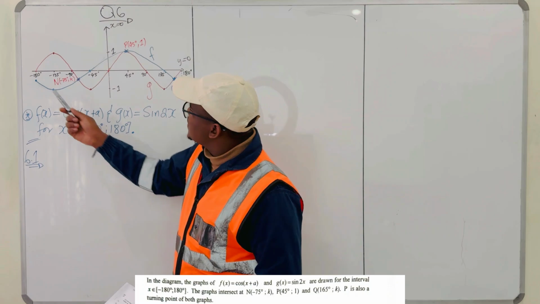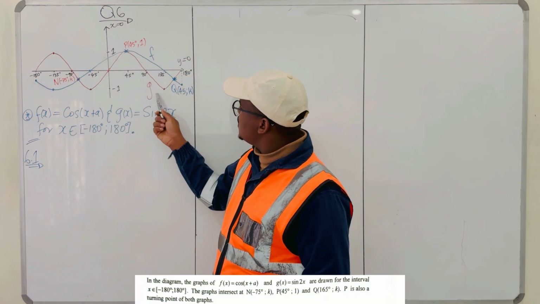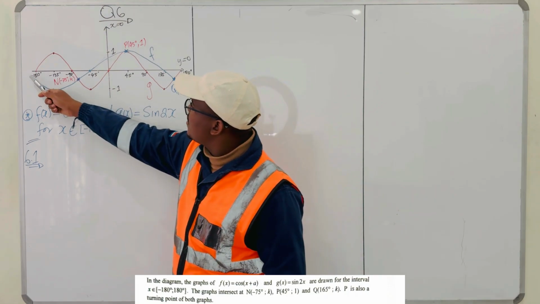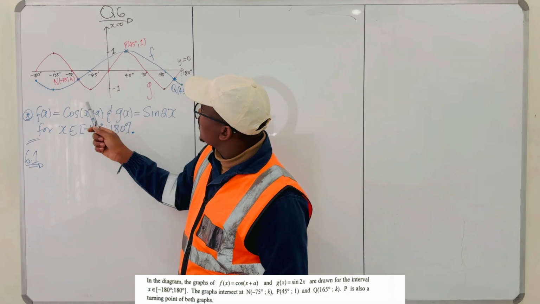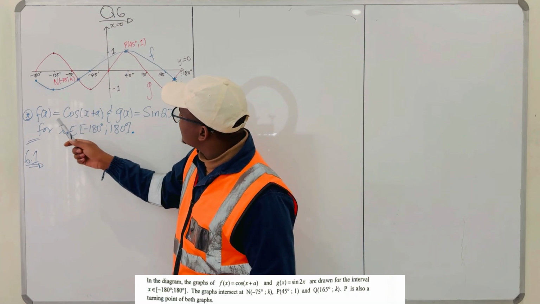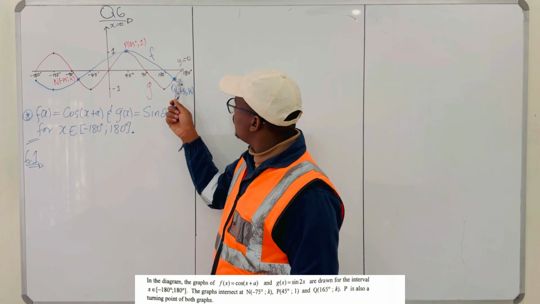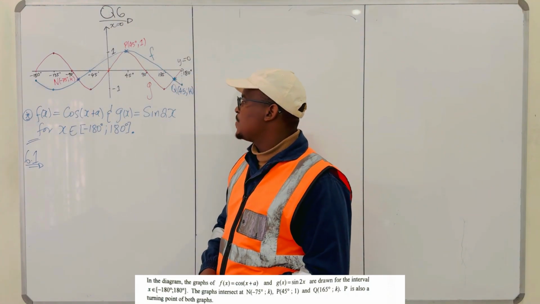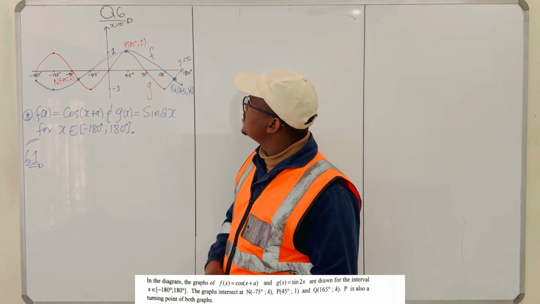Also you can see that the red function here is g. So g defined by sine 2x is the red function that you can see over there. And f of x is the blue function, defined by f of x equals cos x plus a. That's all you need to know from that.